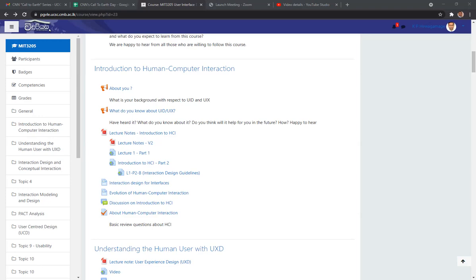Interaction and interface. Interface is how things appear. It may be visual, it may be in an audible way, in some form it will appear to the user.